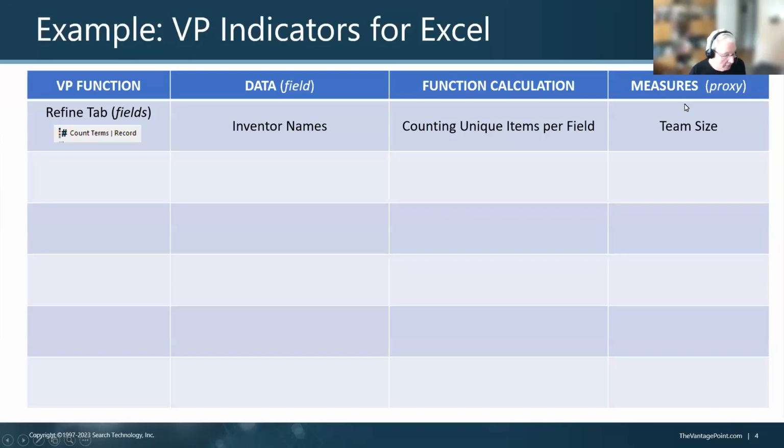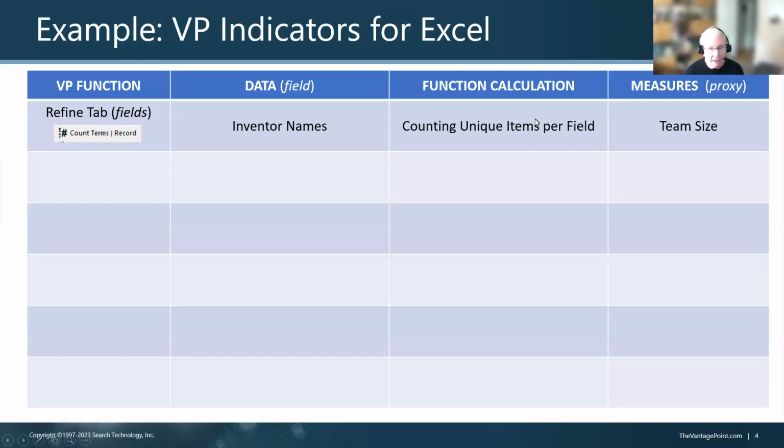So if you have, let's just imagine 20 records, one of the records has one inventor, two of the records have 5 inventors, another 3 have 7 inventors. What you're going to end up with is basically a count where there are so many records that have 7 inventors, so many records that have so many and so forth.